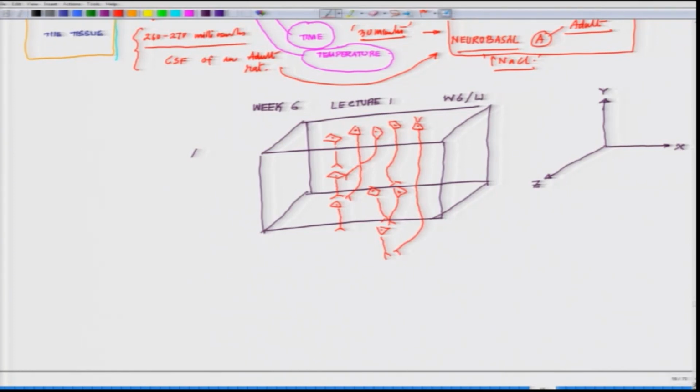So, you see that if we try to demarcate them as different layers, say for example, this is layer 1, this is layer 2, this is say layer 3.